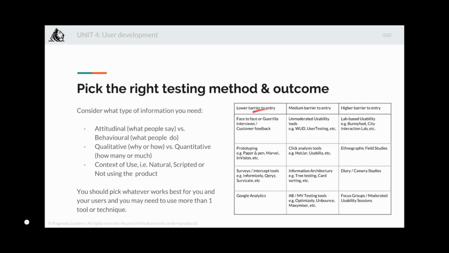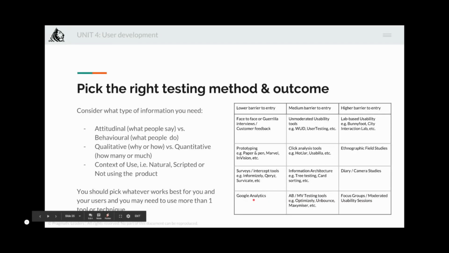But for the moment, just understand that there are certain tools which have a very low barrier to entry, while certain methods have a very high barrier to entry. Let me give an example. Lab-based usability testing would obviously be very high because you need to get people in the lab and then do the usability testing, right? So obviously there's a very high barrier to entry, very difficult to conduct. Similarly, diary or camera studies, you'll know what this is very soon. Focus groups are also very difficult to conduct.